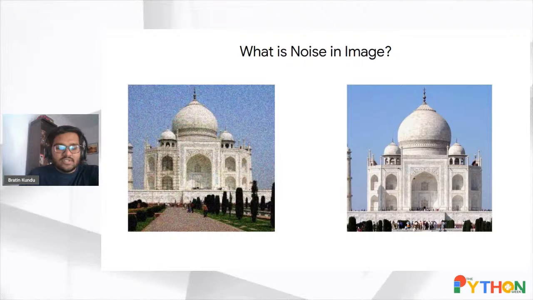You can see both the images. On the left-hand side, the image is not clear. What we humans normally see is that this image is not clear, it's very blurry, or there are some spots that I can see in the image, and the main object is not visible properly. Whereas on the right-hand side, it has the even brightness that is needed and the sharpness that needs to be there.